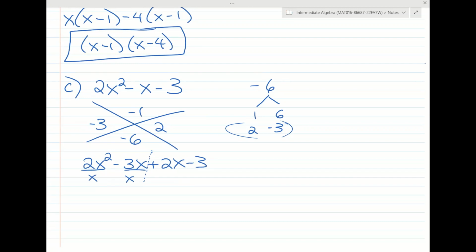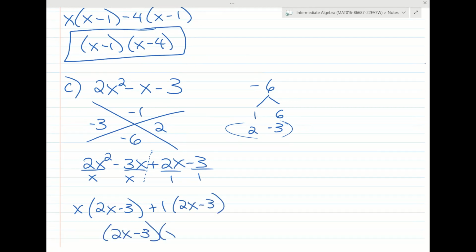Take out a GCF of x. And sometimes the GCF is 1. You can't take anything out of the numbers or the letters. Sometimes you could just use 1. And you see this factors just like all the other ones. 2x minus 3, and then x plus 1.